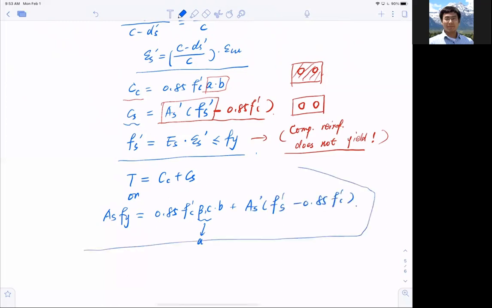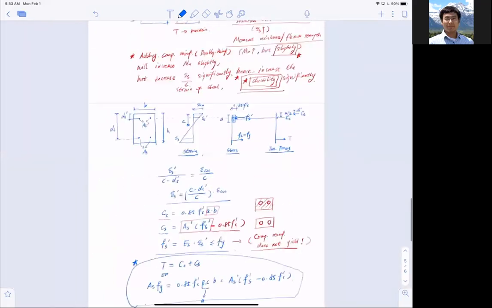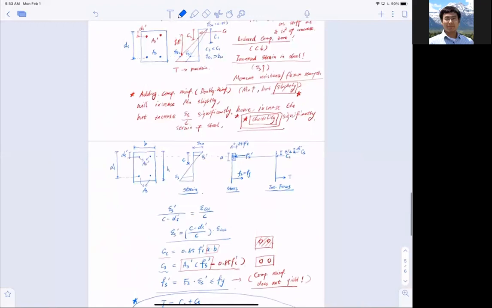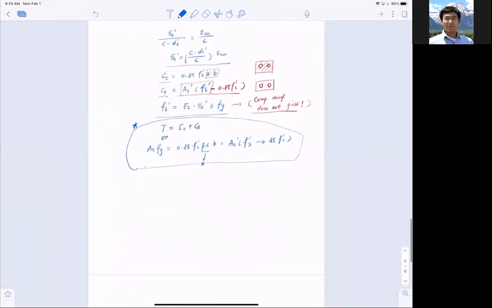Now that is the equation you need to compute the compressive zone. So this is the concept of a doubly reinforced section. I want you to take a quick look at it and ask me a question.